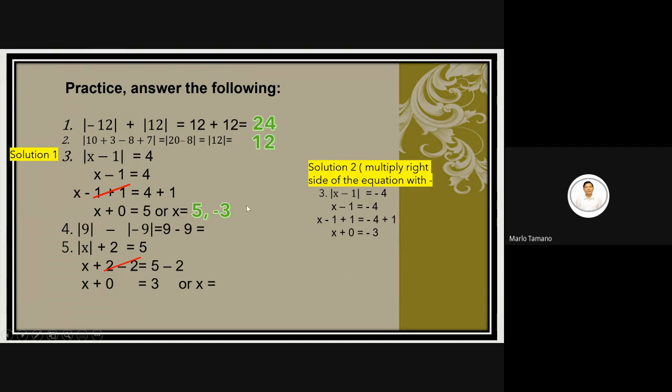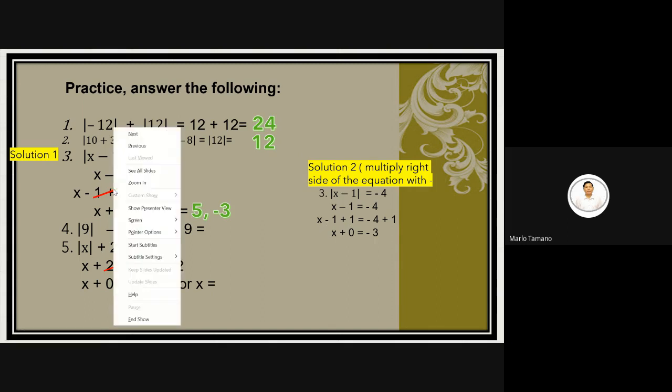If this will be the case, all you have to do is multiply the right member of the equation. Di ba positive tong 4 na ito? Ang gagawin nyo lang ay i-multiply nyo ng negative 1 o negative lang. So negative times 4, nagiging negative 4 na siya. Para magiging dalawa po yung solution ninyo. Okay? So, canceled out natin yung negative 1. Mag-plus tayo ng 1 para magiging 0.